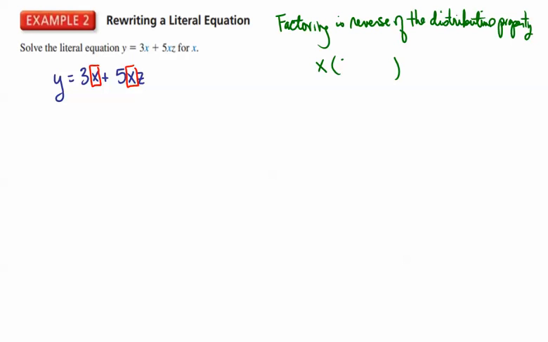If I had x times 3 plus 5z, like so, when you see that, you might want to distribute. And when you do that, you're going to end up with 3x plus x times 5z is 5zx. But it's the same as 5xz. Remember, multiplication is commutative. We can change the order of the factors without changing the product, the result.